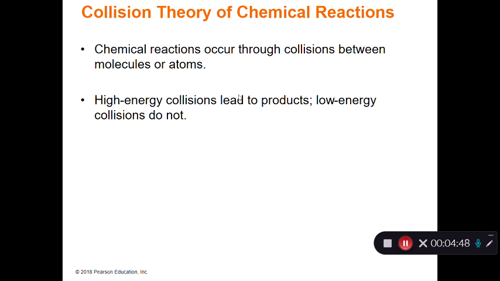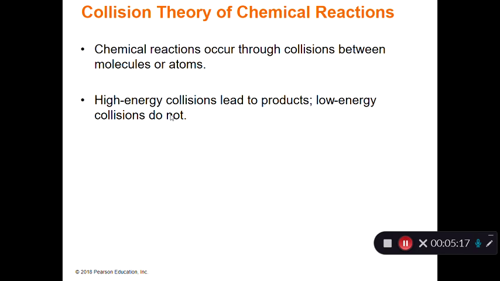In collision theory, I'm not going to work on the details because they are not in our concept. We have two different kinds of energy collisions: high energy collisions and low energy collisions. High energy collisions mean we help the molecules collide with each other with more energy, very fast.